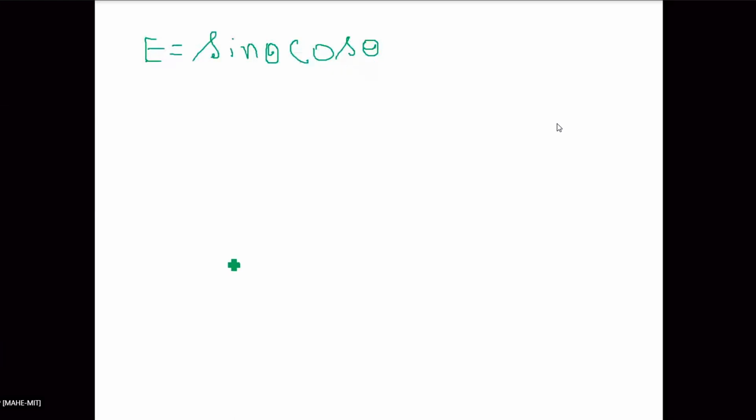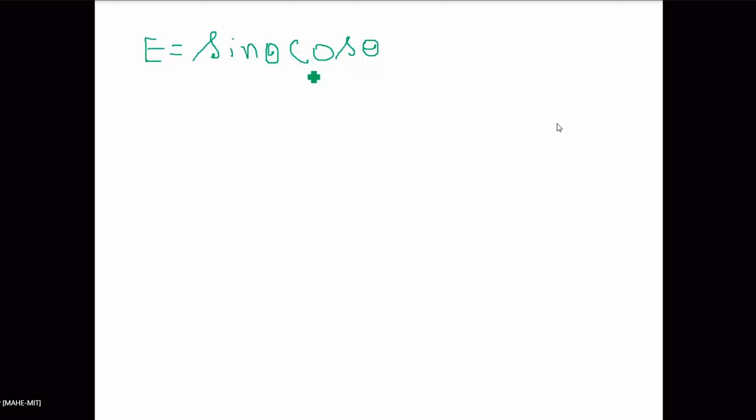Okay, now let us say there is a pattern like this: E is equal to sin theta cos theta. How to draw this pattern?